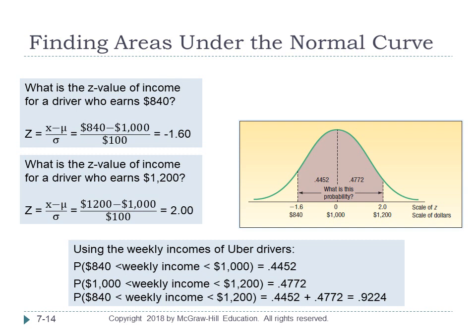You have to add that now to this left half, which is the probability that the income is between 840 and 1000, which is the area between minus 1.6 and 0. For the area between minus 1.6 and 0, using the tables, you look up the area between 0 and 1.6, and that's the same area because of symmetry.